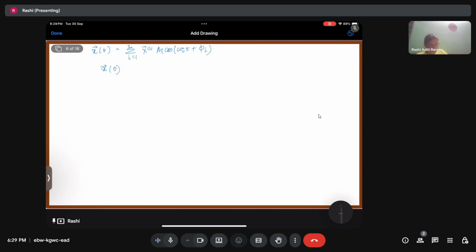And x of 0 equals summation i from 1 to 3 of x i a i cos of phi i. This is the general solution, and this is for the initial condition, which is time equal to 0.